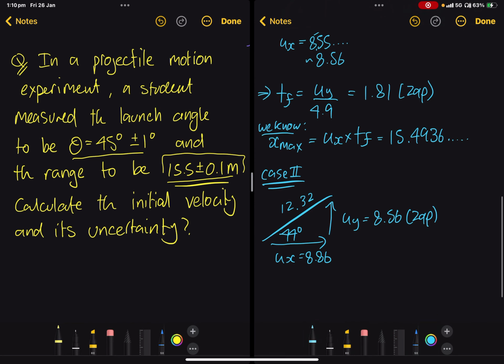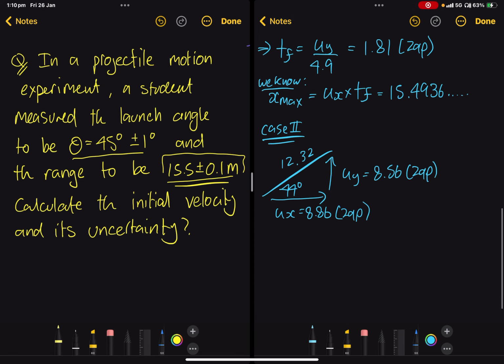These are essentially just swapped around to 2 decimal places. Now, we know that the time of flight is equal to the initial velocity in y divided by 4.9. So this is going to be equal to 8.56 divided by 4.9. This gives me 1.7469, so 1.75 to 2 decimal places.